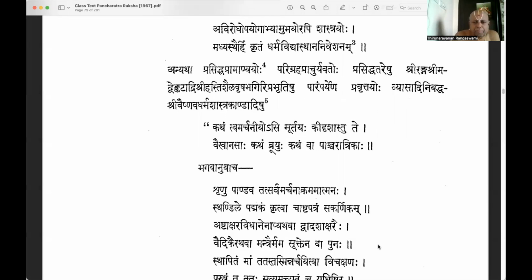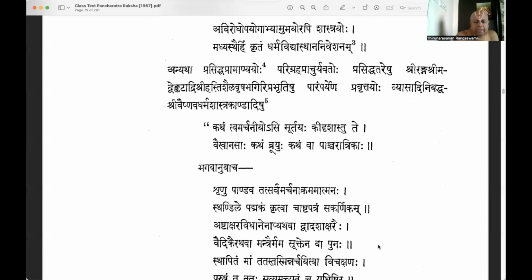They want to compromise. They don't want to compromise one shastra for the other. They want to have a pragmatic view from both. Therefore, madhyastaihi, those resorting to the middle path, dharma vidyasthana niveshanam kritam. The duty, dharma, vidya knowledge, sthana the place, have been prescribed by them. Kritam, done.